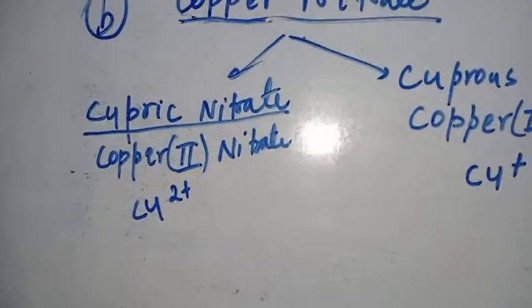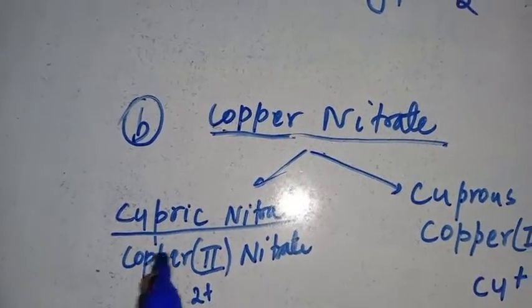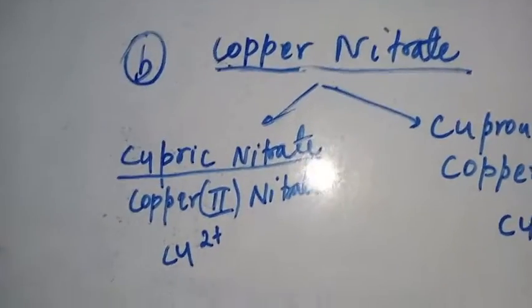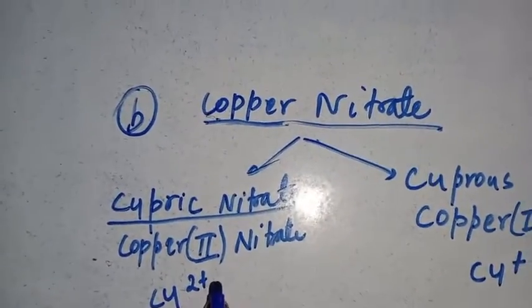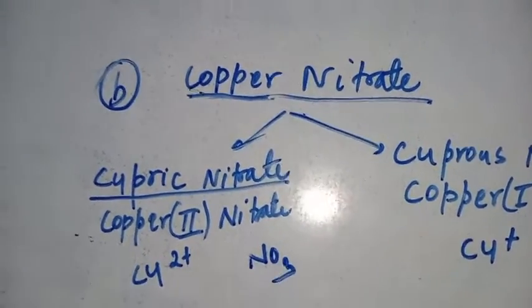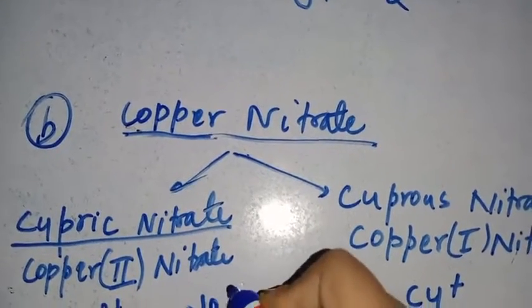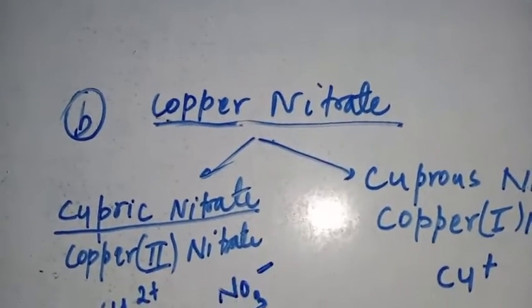So we'll first predict the formula of copper 2 nitrate. You know that copper 2 nitrate means copper acquires +2 charge, and nitrate, if you see the formula of nitrate ion, is NO3, and it acquires net 1 negative charge.